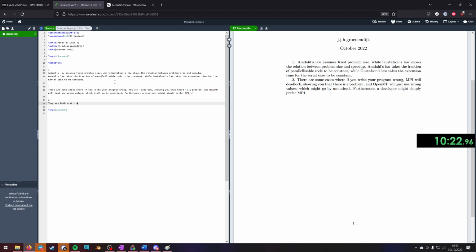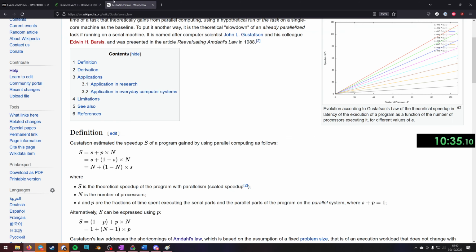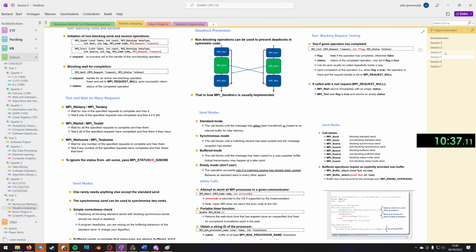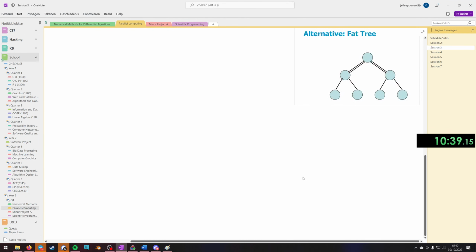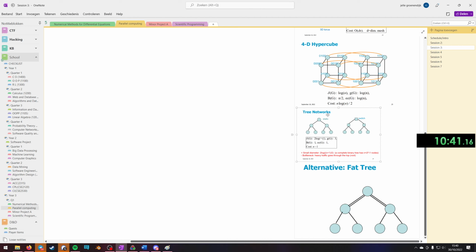So they are both static. No, wait, one of them is static, one of them is dynamic. Right? Trees can be both dynamic or static, I think. I don't think so. Let me have a look. Yeah, because trees are just static.